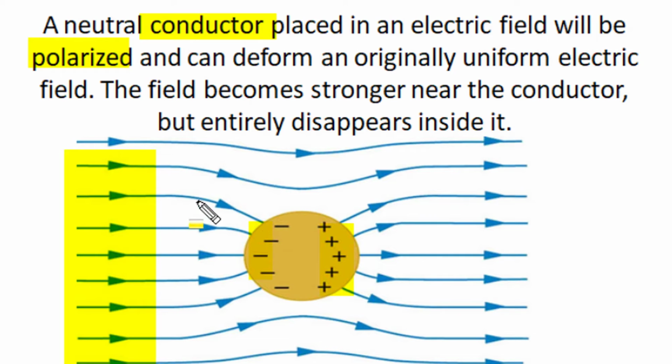In the process, electric field or force lines will deform, get concentrated on the surface and become stronger near the conductor surface, but the same electric field entirely disappears inside it, as these induced charges will produce their own effect, and this effect will neutralize the external electric field everywhere within the volume of the conductor. So induced charges will take their positions and magnitude in such a manner that their additional internal induced electric field is always equal and opposite to the external applied field in conductors.